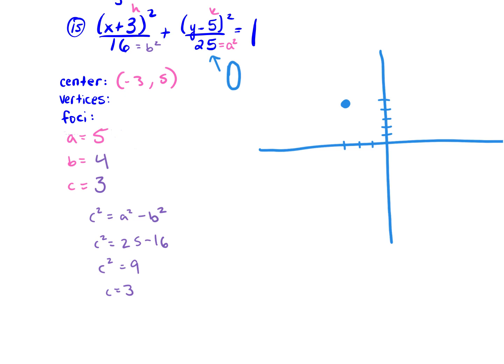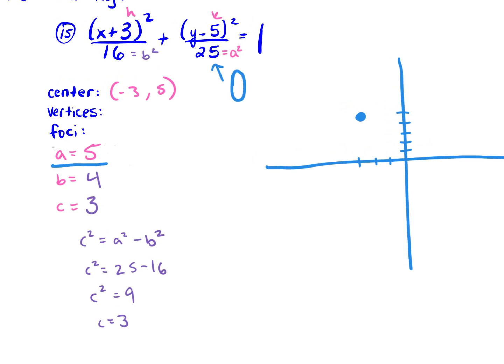I'll find the vertices first. So let's start with the major. A helps me find my major because A is the distance from the center to a vertex on the major axis. So in which direction am I going to go 5? Up, down, left, or right? You're going to go up.